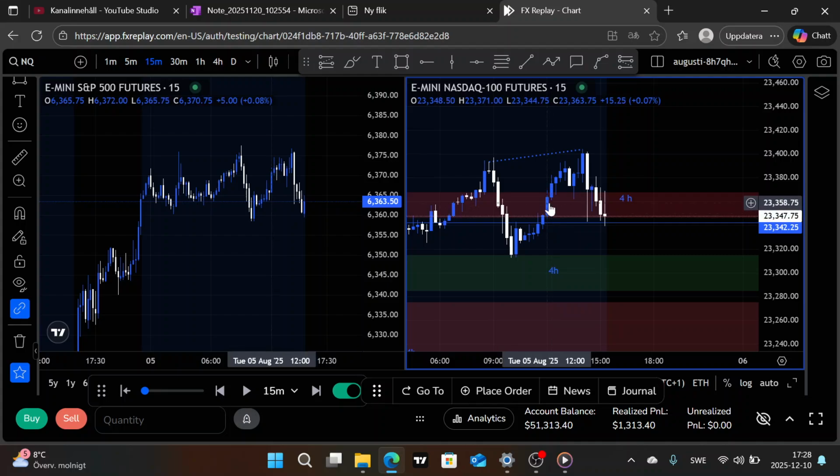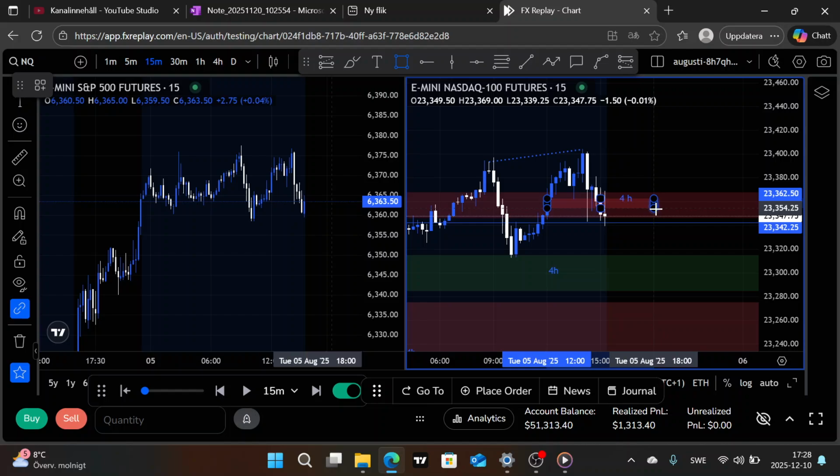So if this 15 minutes bullish valley gap gets disrespected, I expect the price to move here. So this is my bias in 15 minutes. So that's why I mark it out with this rectangle.